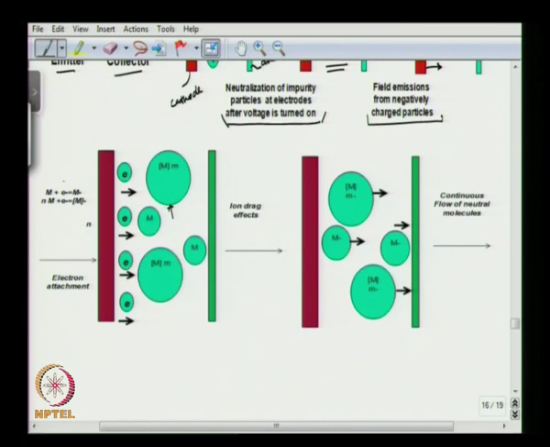As you can see here, the electron is interacting with this molecule to make it negatively charged, and so these molecules now migrate towards the anode. In doing so they carry the bulk of the liquid with them because of the drag effect, and this is called the ion drag effect. So, the liquid movement or pumping action is happening because of the drag offered by the ions present in the liquid.